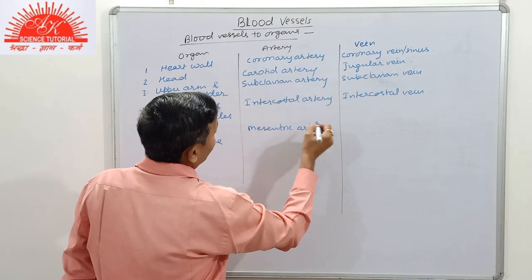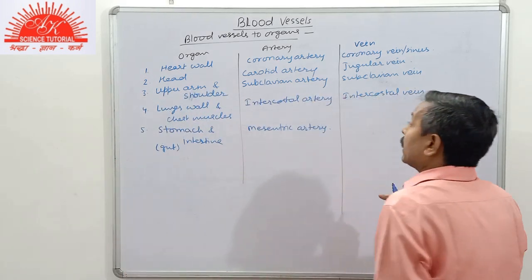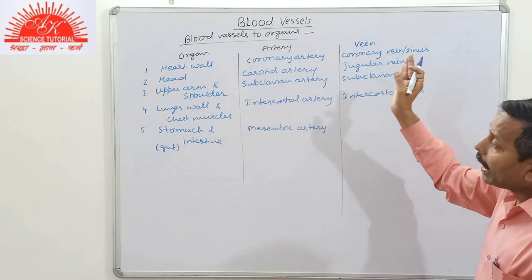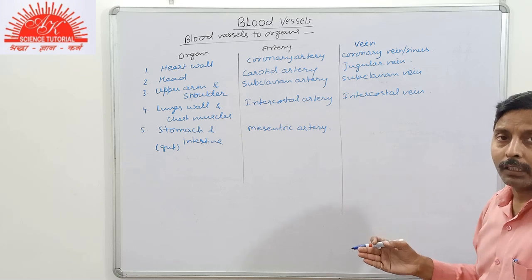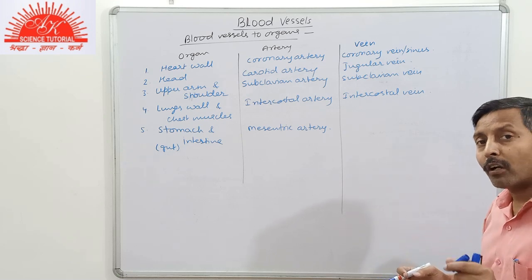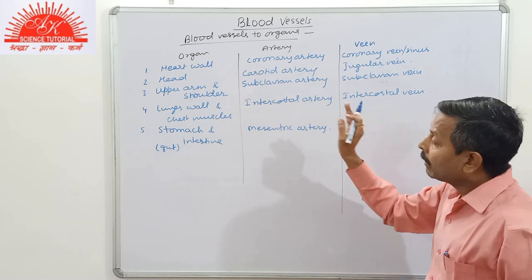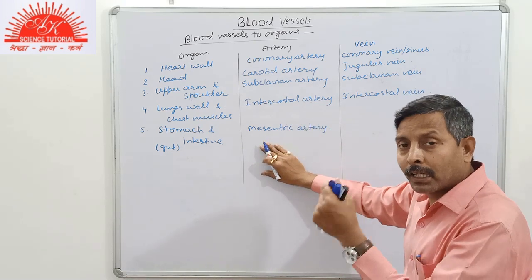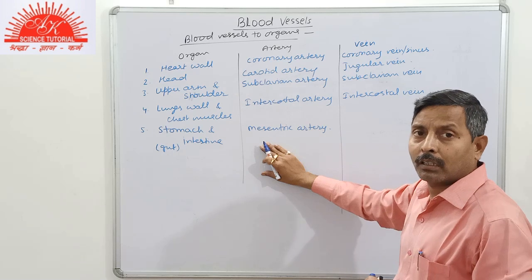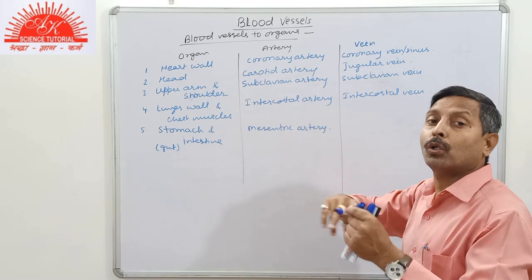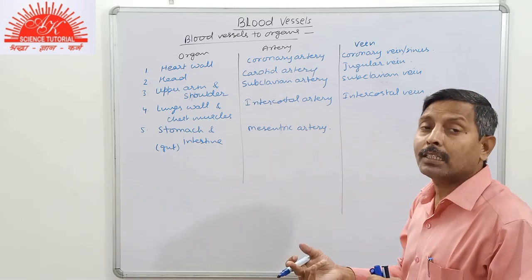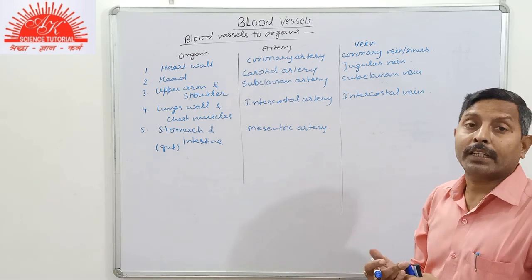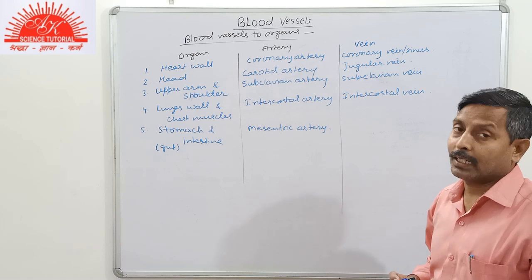Mesenteric artery. Now, student, we see here that in general from all organs, the veins carry blood back to the heart by pouring it or forming the vena cava. But from the stomach and intestine or gut or alimentary canal, the blood does not return to the vena cava directly to the heart, but it goes to another organ, that is to the liver, for assimilation of food, detoxification of toxic substances, and so on.